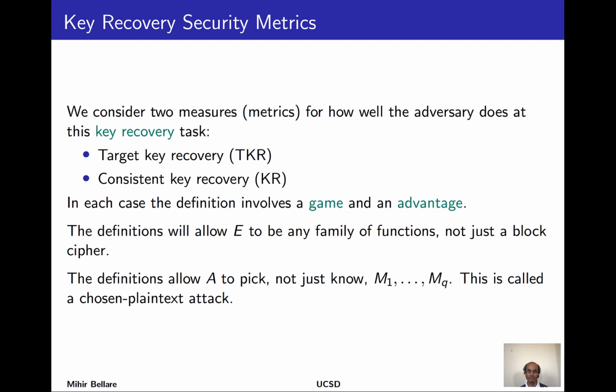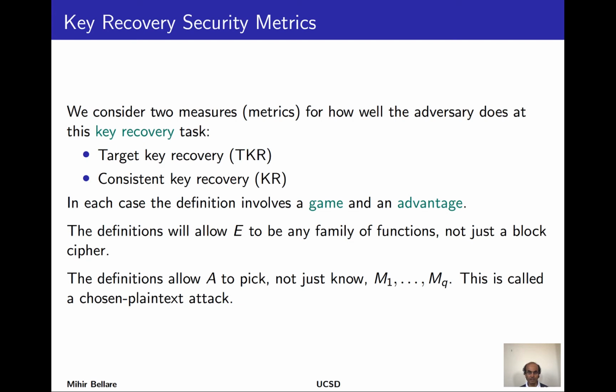Remember, a family of functions is a superset of the set of block ciphers. Any block cipher is a family of functions, but not vice versa. In other words, this definition will apply even when the individual functions determined by a key are not permutations.